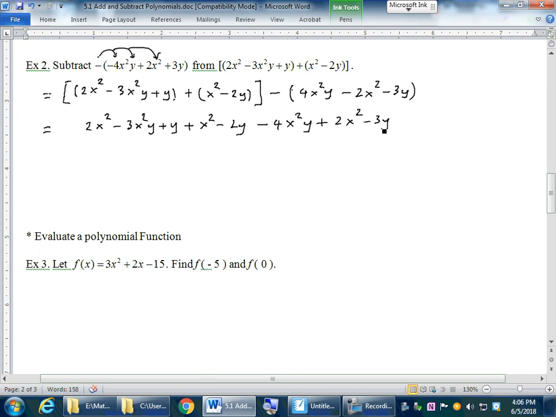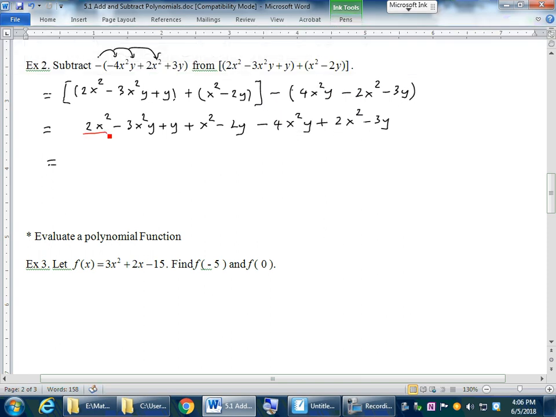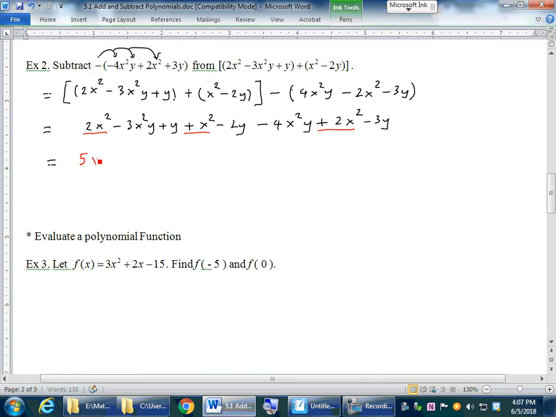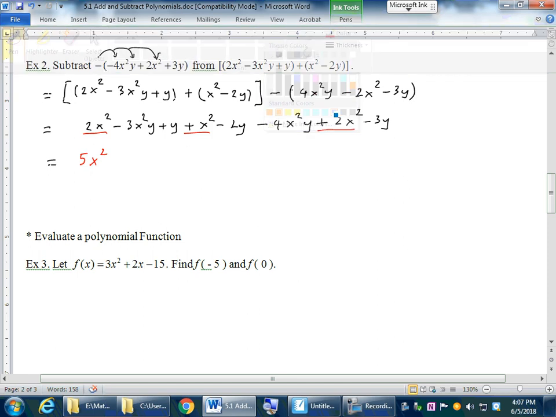And then combining like terms, in this case 2x squared and then 2x squared, that will give me 4. Oh, right here I missed 1, so it should be a total of 5x squared, right? So 5x squared. And then the next one will be the multivariable case, negative 3x squared y and then negative 4x squared y. So that will be minus 7x squared y.